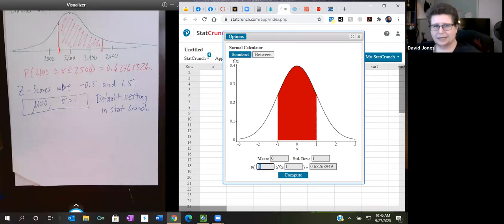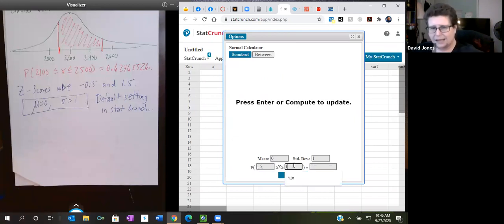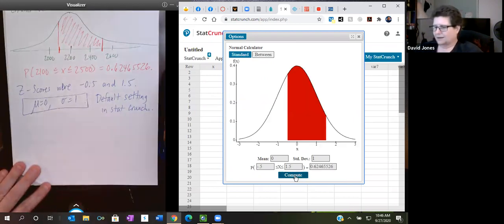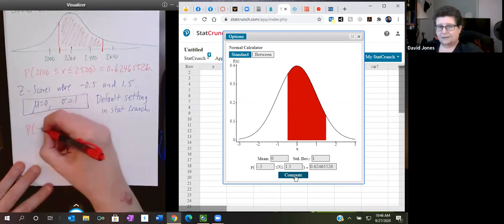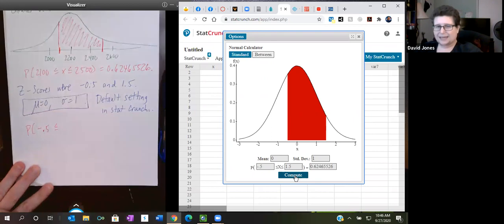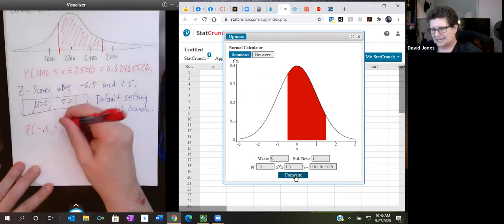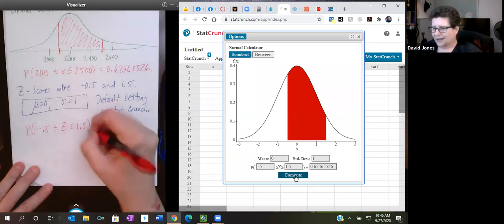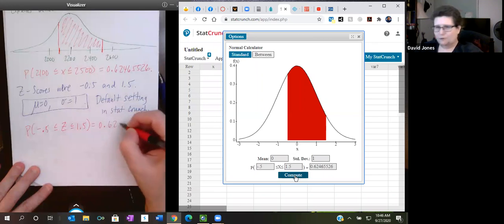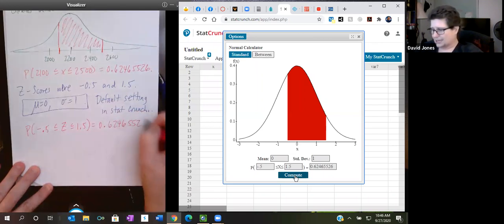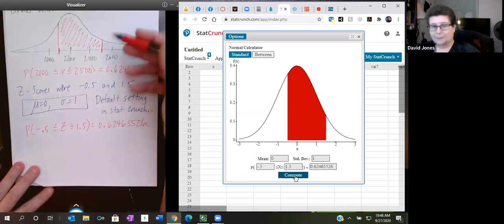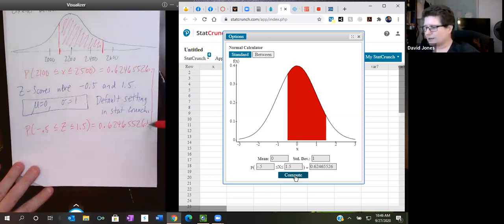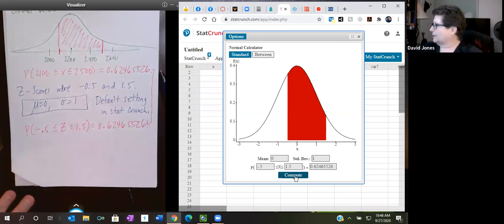If I do between and I say negative 0.5 and 1.5, the probability that negative 0.5 is less than or equal to x, in this case x is z, I don't have a way of changing the letter in it, is less than 1.5 is also 0.62465526. Notice that it matches up. Converting to a z-score, we can do the same things and it still works out.